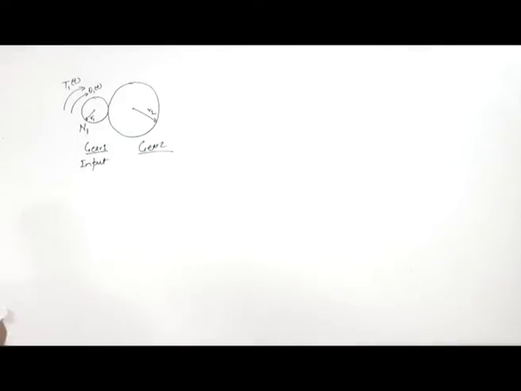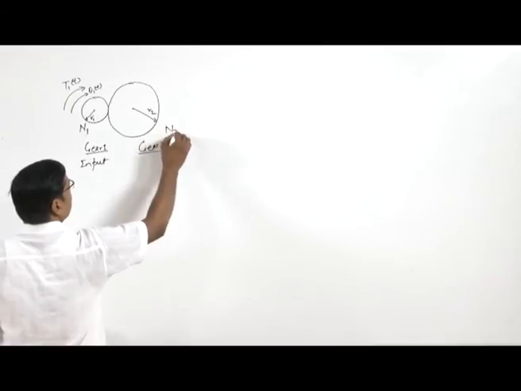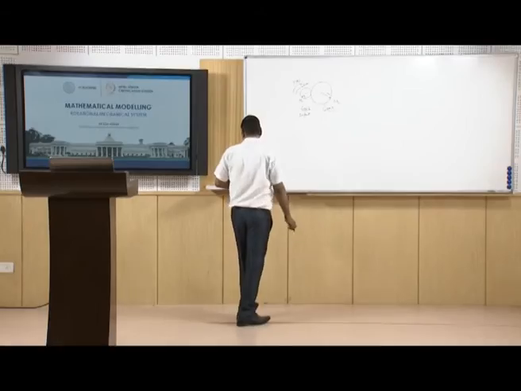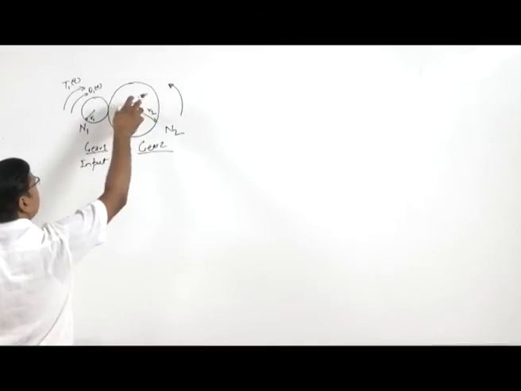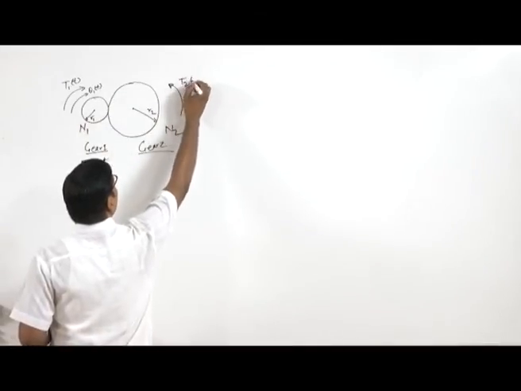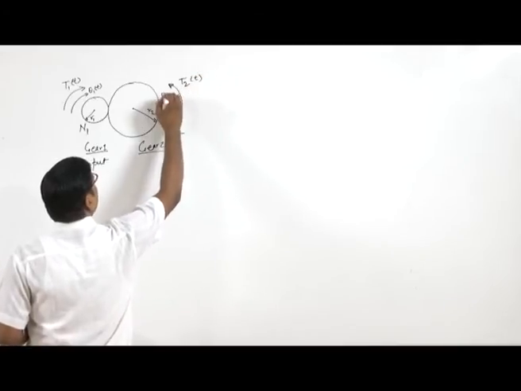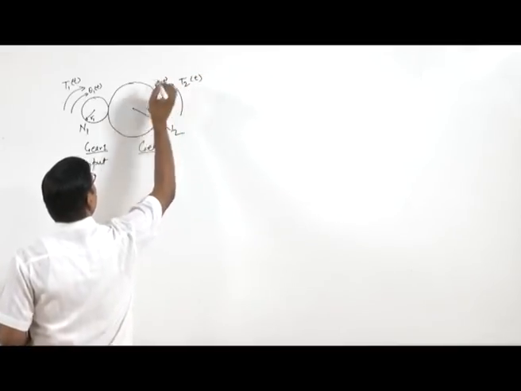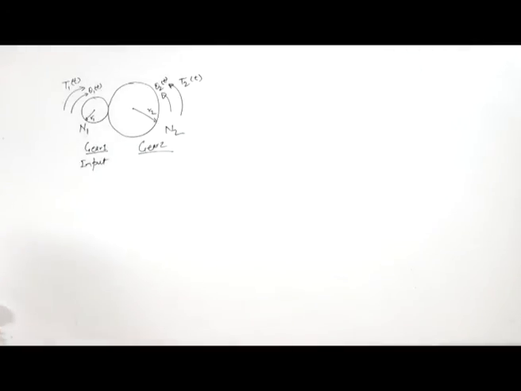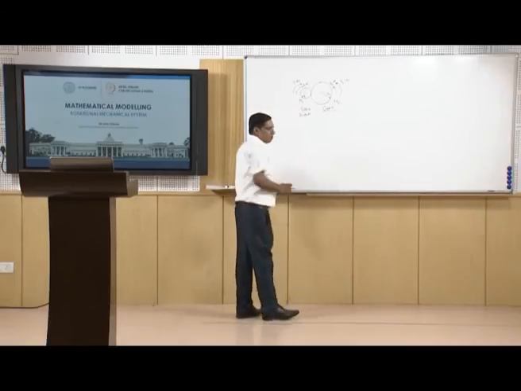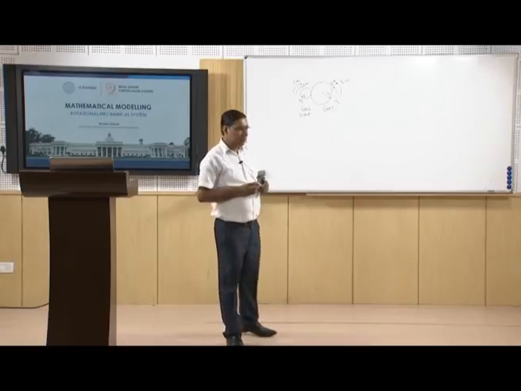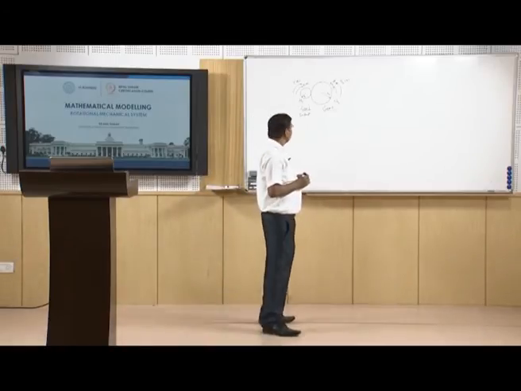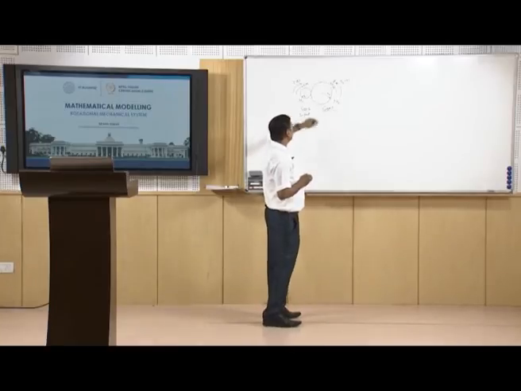So gear 2 has number of teeth N2, and torque on this shaft is coming as T2, and angular displacement is theta 2. As we know, on the circumference the same displacement will be traveled by both gears because they are in contact.